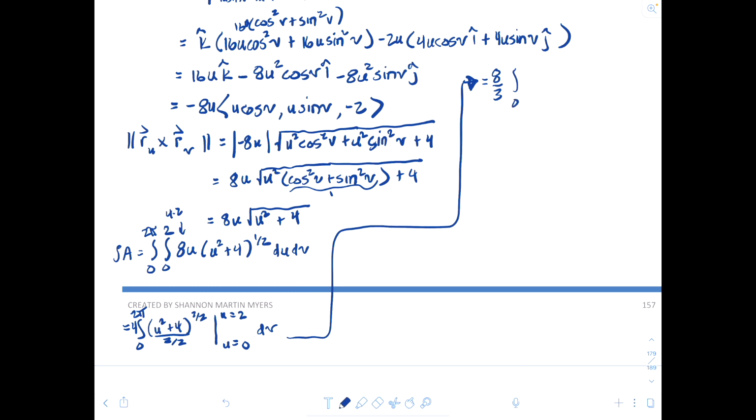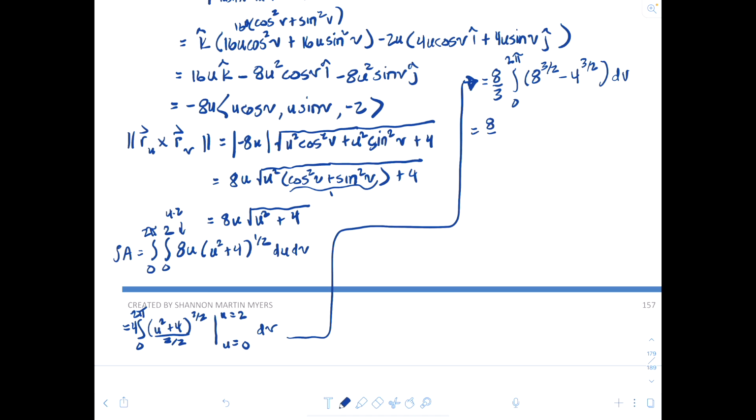And we'll have our integral from 0 to 2 pi. Notice that our lower limit will not zero out, so be careful. So when u is 2, 2 squared is 4, so I'll get 8 to the 3/2. And then when u is 0, we'll get 4 to the 3/2 dv. We can simplify that somewhat, right?